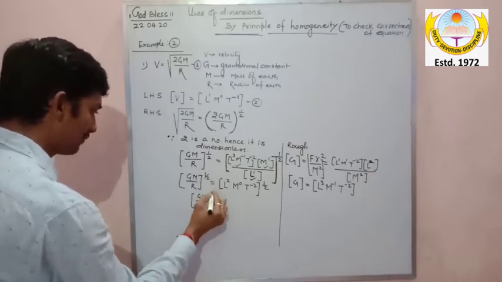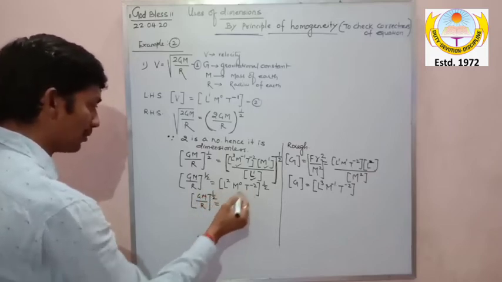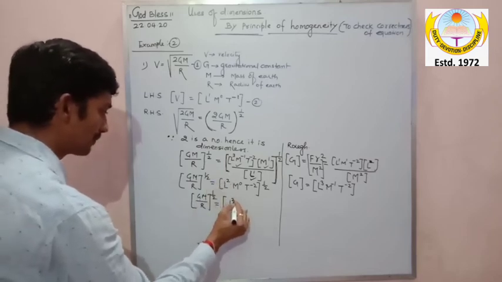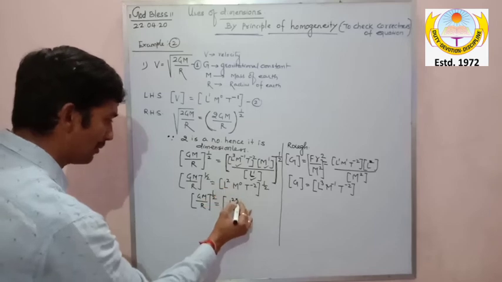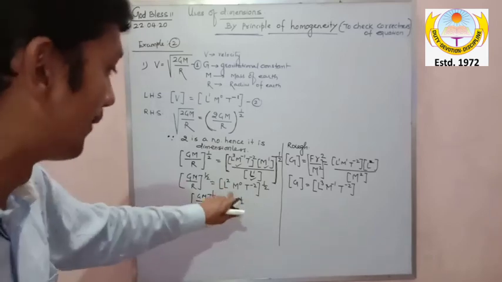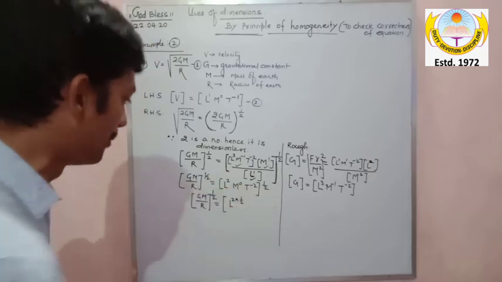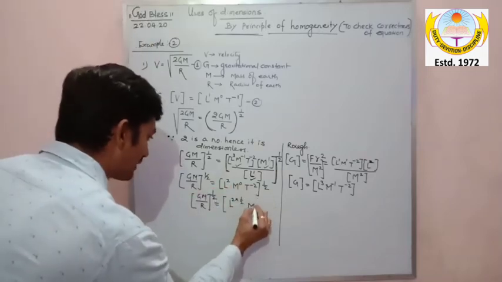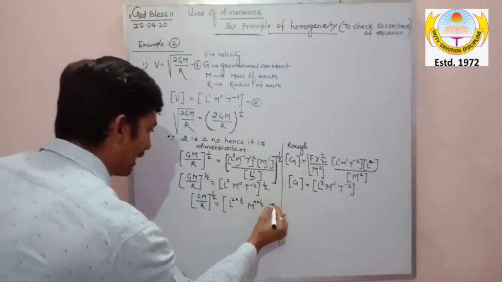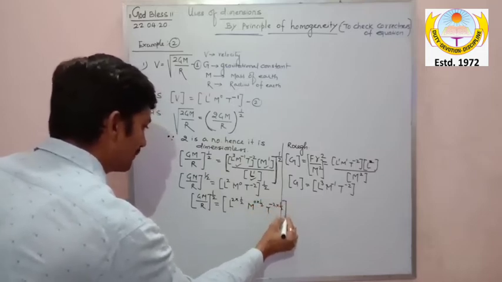Whole power half is equal to, now let's solve. This is L power 2 and this into 1 by 2. This is your first time and therefore I am doing each and every step. This is 2 into 1 by 2. This is M power 0 into 1 by 2. And this is T power minus 2 into 1 by 2.